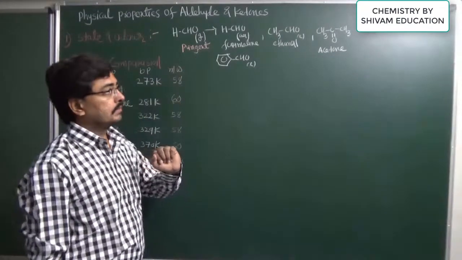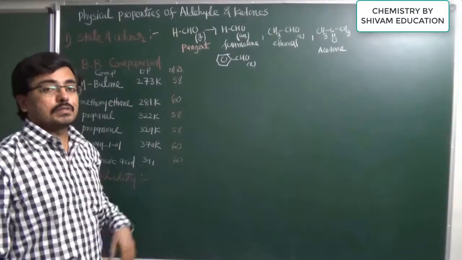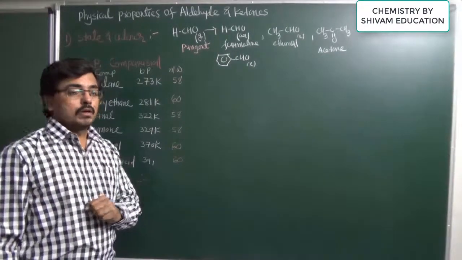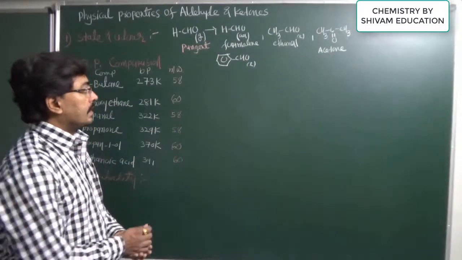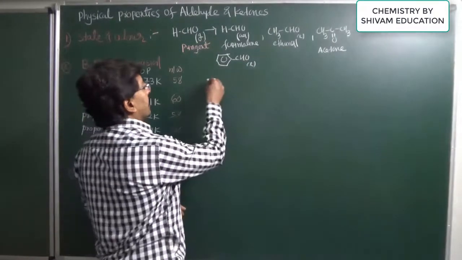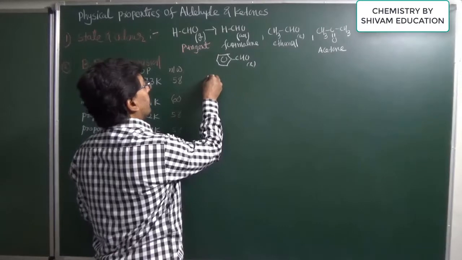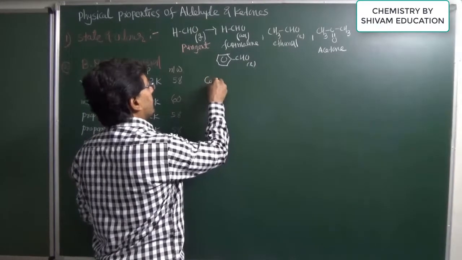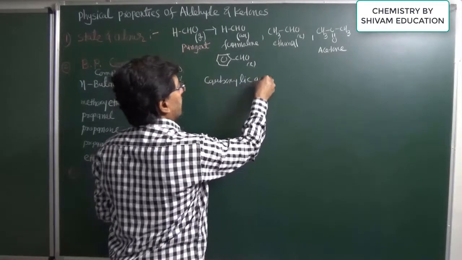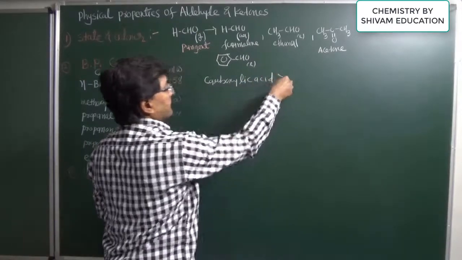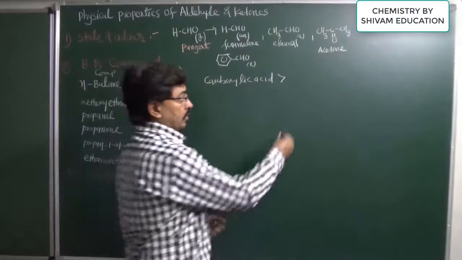Then comparing the boiling point with alcohol as well as carboxylic acid, it is observed that aldehyde boiling point will be less as compared to carboxylic acid. Carboxylic acid has a higher boiling point as compared to alcohol.